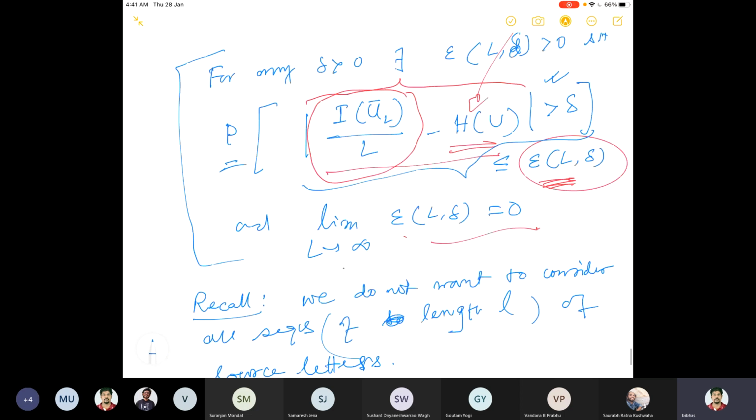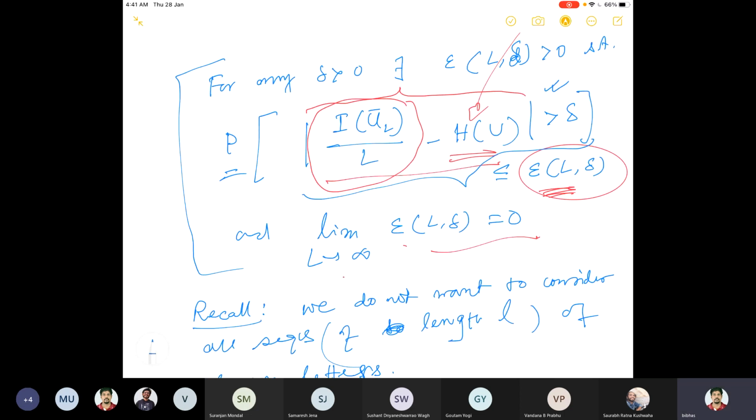We can say the probability of being bigger than delta is less than or equal to epsilon(L, delta). And what can we say about the probability of the complement of that event? It is 1 minus epsilon. Let's say this is star.